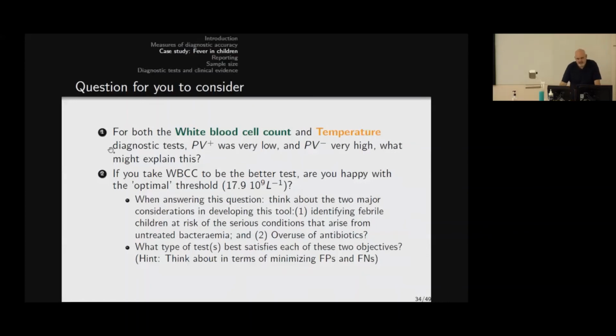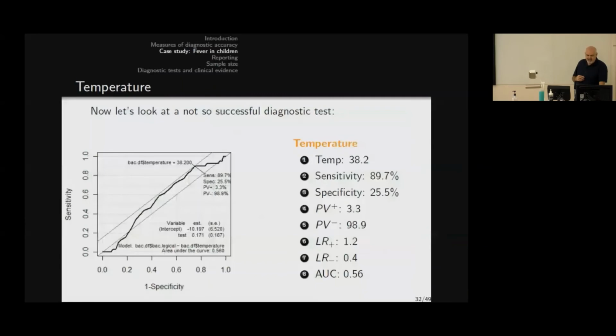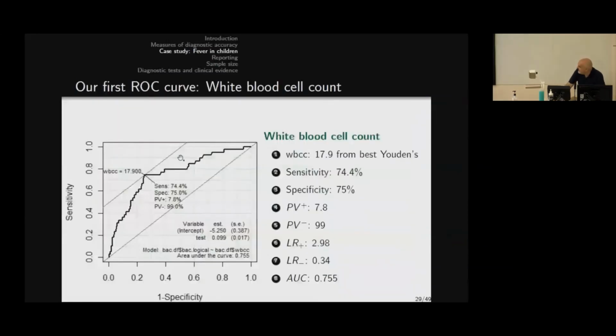If you take white blood cell count to be the better test, which you should in this case by far, are you happy with the optimal threshold? Now remember, that optimal threshold using Youden's index considers sensitivity and specificity to be equally important. Don't forget, we can actually shift that further up this way to increase sensitivity, but you can see the false positive ratio is actually going up as we do so.